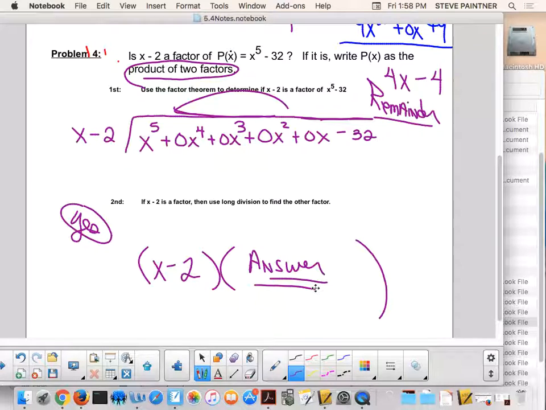Peach, green, blue, and maybe an occasional purple. Anybody? Occasional purple.